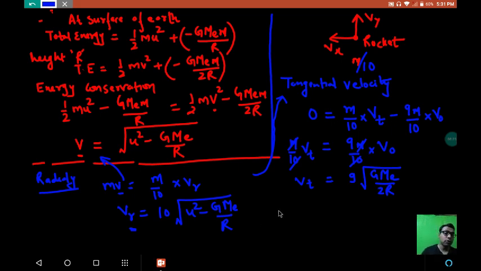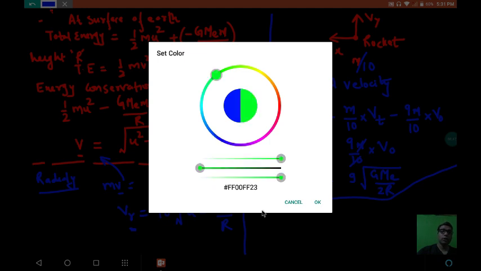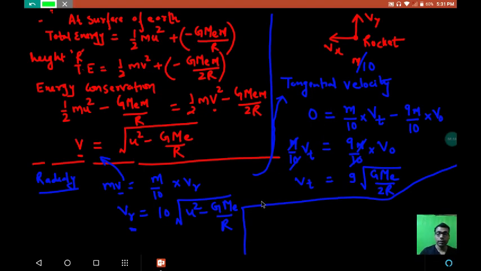So this is the tangential velocity. We have to find out the kinetic energy of the rocket. Kinetic energy of the rocket, we just have to put the values in 1 by 2, m by 10, the mass of the rocket, into vt square plus vr square.